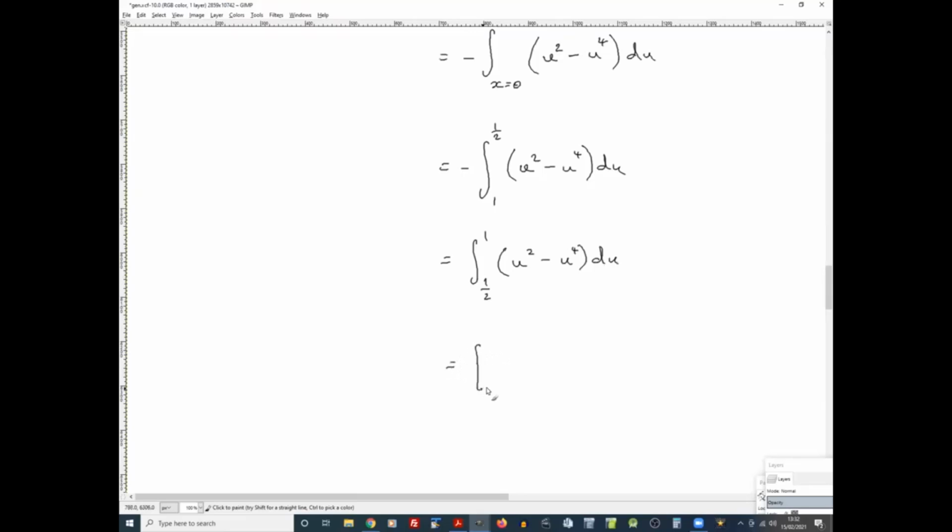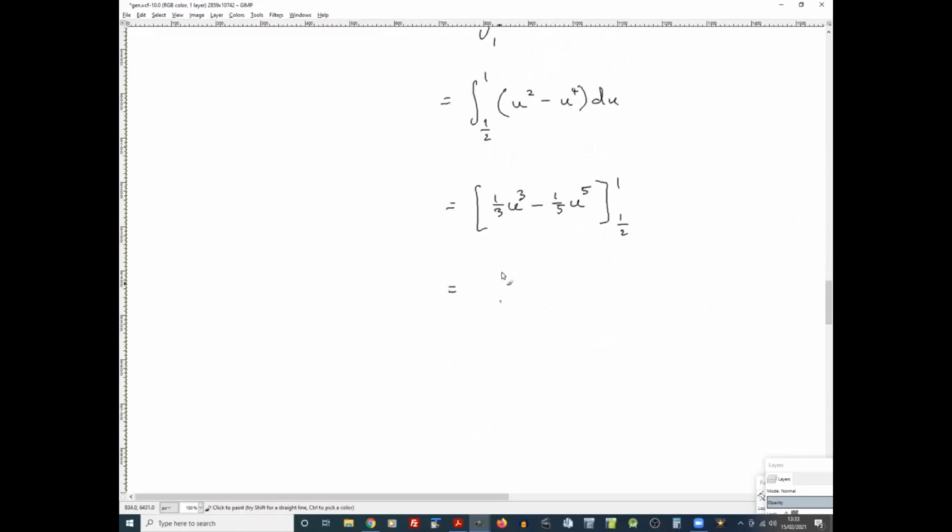And that should come out beautifully. So we get a third u cubed minus a fifth u to the 5 between those limits. And let's see if we agree on the numbers too. So a third minus a fifth minus a 24th, and then plus a 160th.